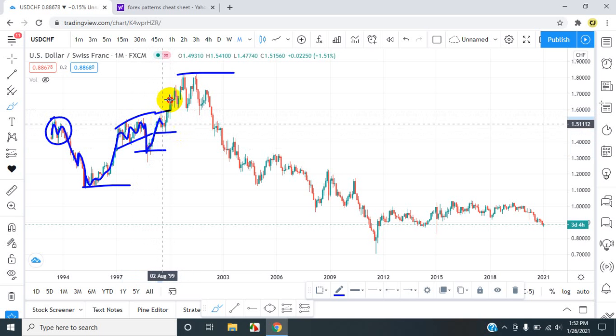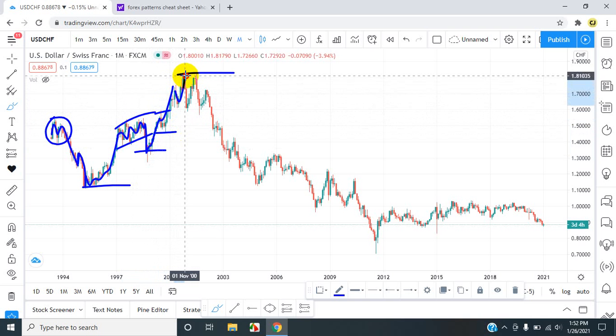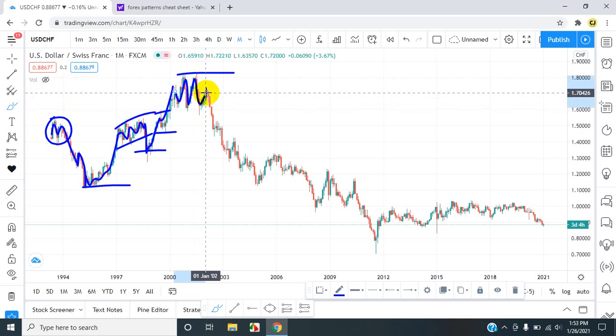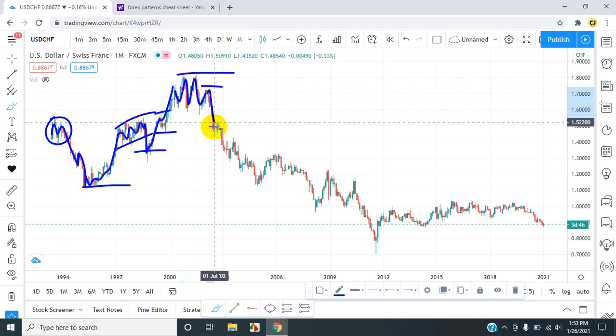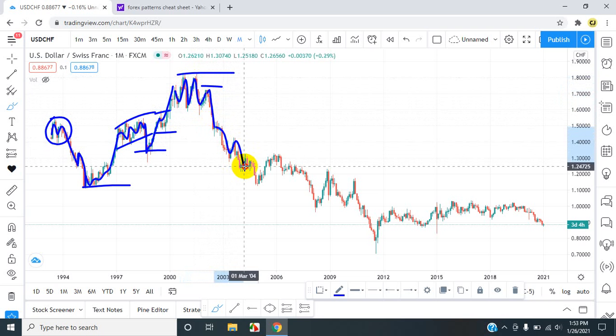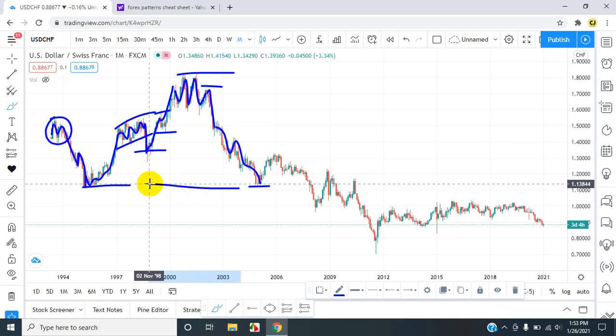From there the market pushed up higher, created new higher highs, and tried to break through this resistance. It pushed up twice, was able to break, retested previous areas right here, wasn't able to break through, and came back down. It pushed down one, pushed down again, another drop, and then returned to areas of support from the past.